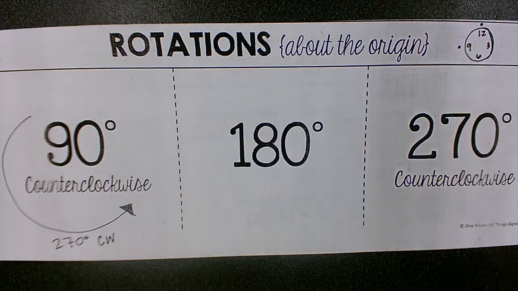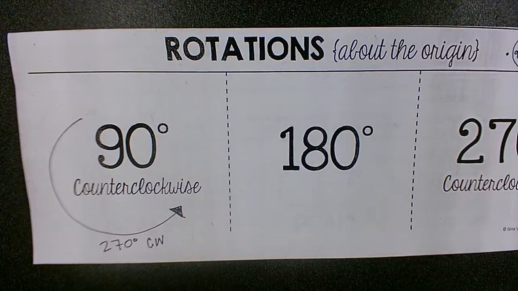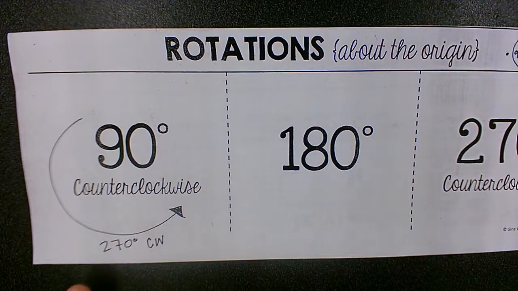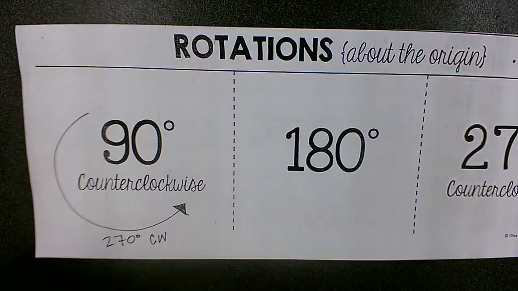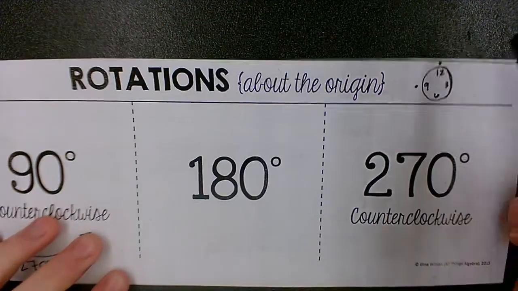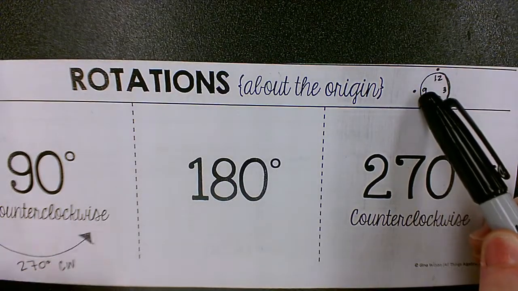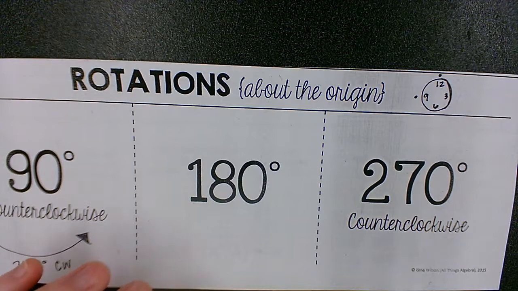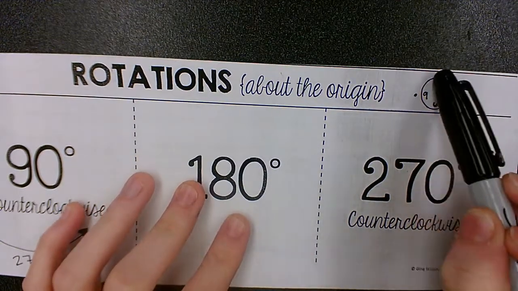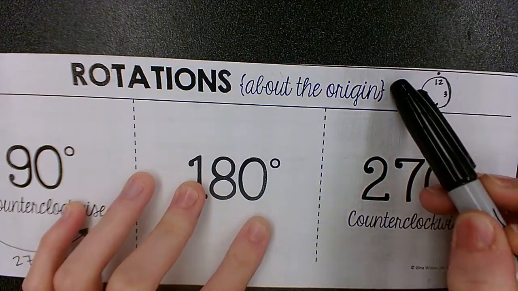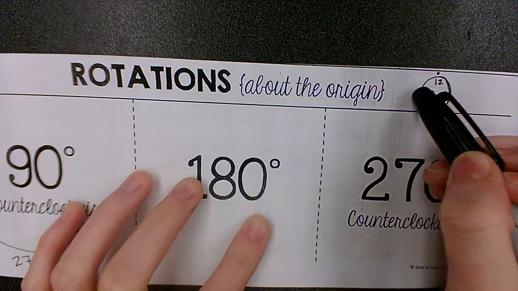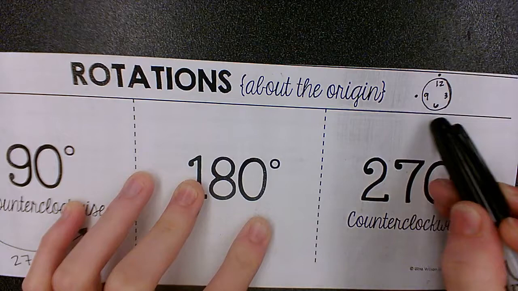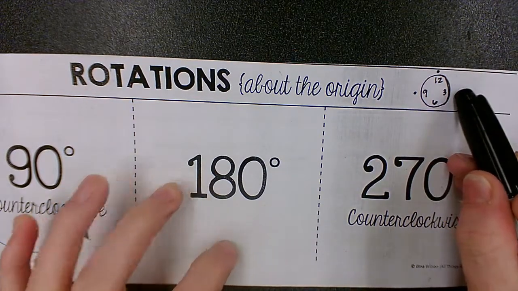Okay, so that's 90 degrees counterclockwise. Same thing as 270 clockwise. So again, this is a fourth of a turn, just like we would go from 12 to 9. So let's talk about 270 counterclockwise. So starting at 12, if I went counterclockwise 270 degrees, remember it's 90, 180, 270, we would go all the way around to get to that 3.